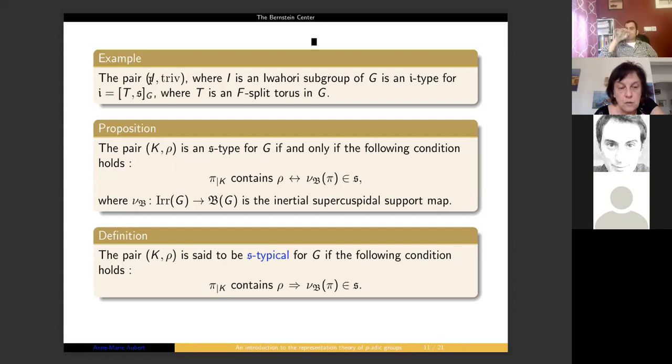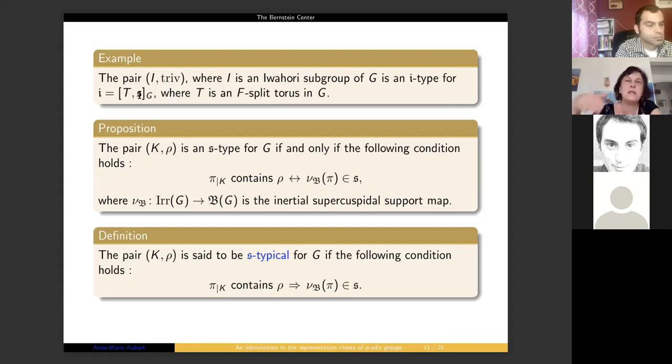So now come back to my example. We have a pair, an Iwahori subgroup and the trivial representation of it. And then it is an S type. Sorry, something is wrong in my notation here. It is an S type for the pair (T, some character), and here it is just the trivial character. Which means that we take the torus associated to the Iwahori subgroup.